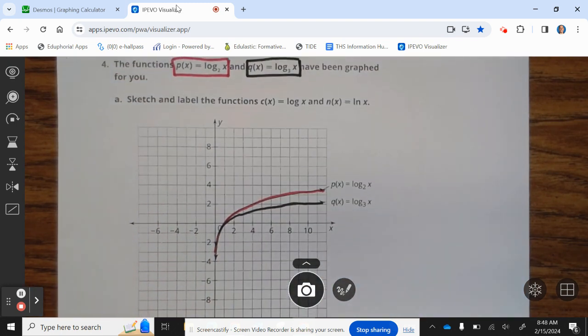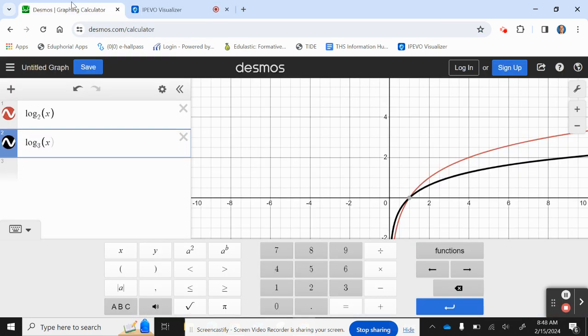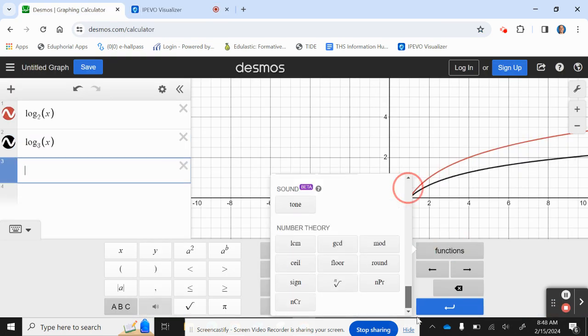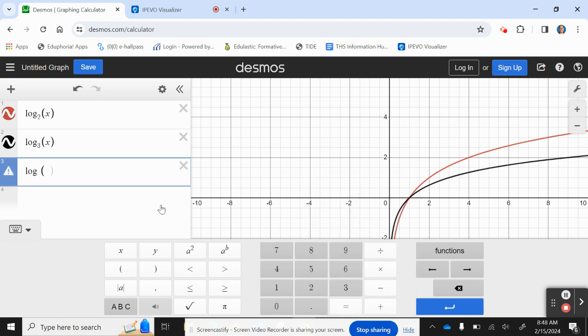So now let's graph c of x equals log of x. Okay, so functions. Now, if it's log, it's assumed base 10. So log base 10 of x.